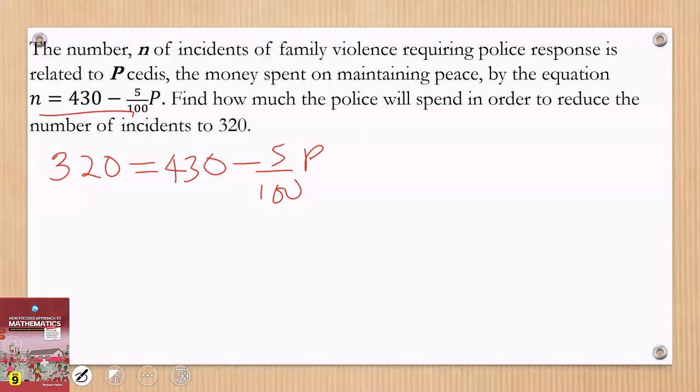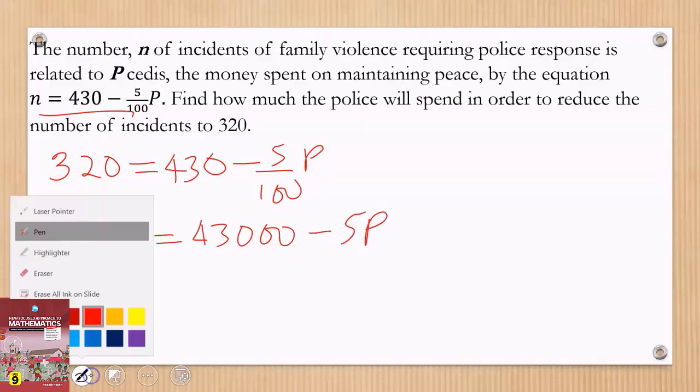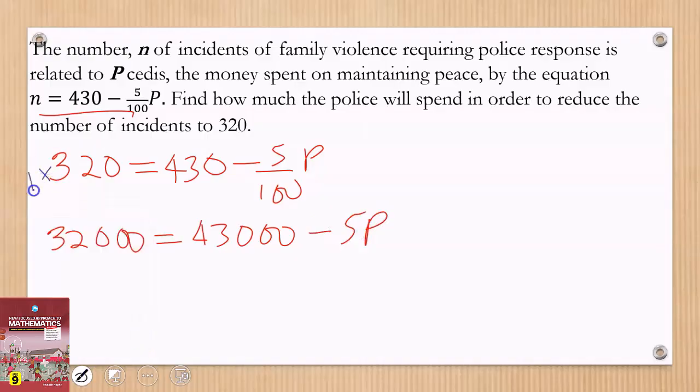Making P the subject, let's multiply through by the LCM. So we are going to have 320 times 100 is equal to 430 times 100, minus 5p. It means we multiply everything by 100, here, here, and here also by 100.